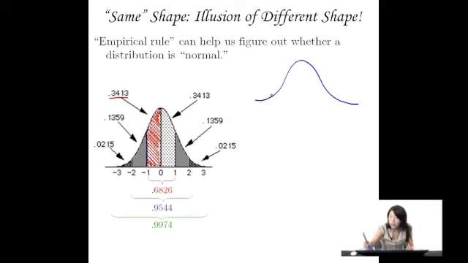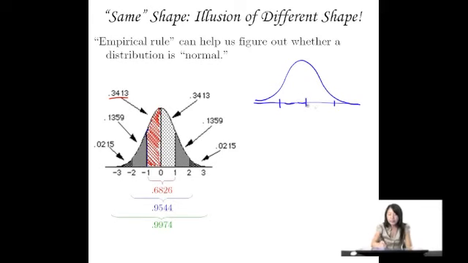So let's say we have this shape, and it looks like a normal distribution, right? But we go 1 standard deviation out. Now let me draw it so that it's more exaggerated. Let's say we go 1 standard deviation out. Oops, it's very not symmetric.